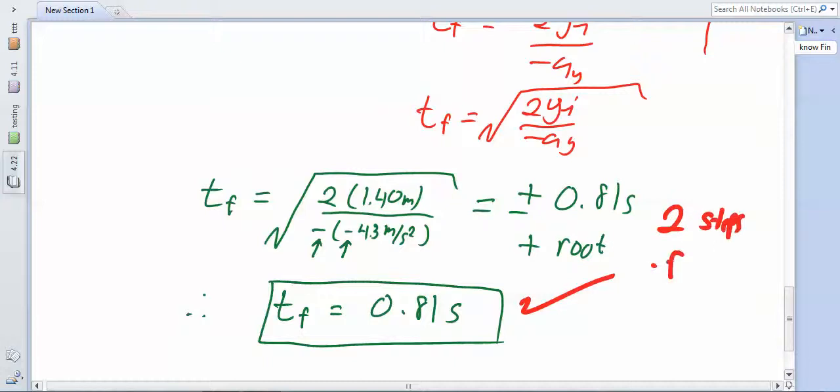We had to find the value of a sub y by using forces, and then we had to find the value of t sub f by using kinematics. So the forces gave us the acceleration, and then we were able to use the acceleration in order to find the time. All right, so there you have it, problem 4.22.